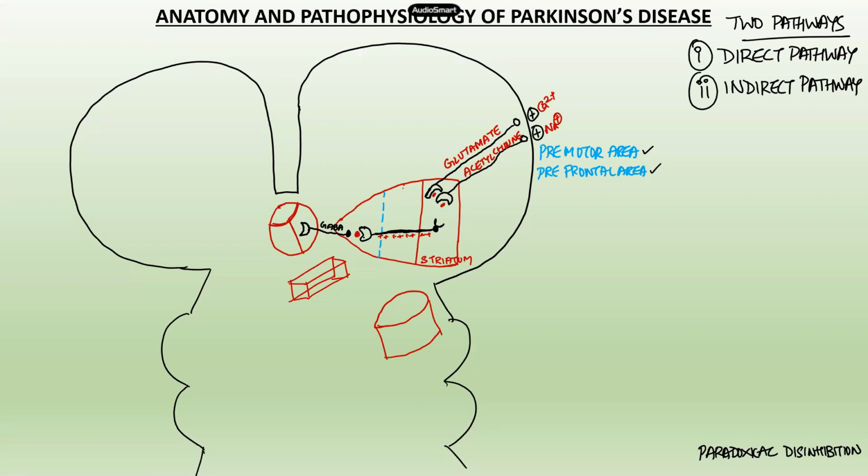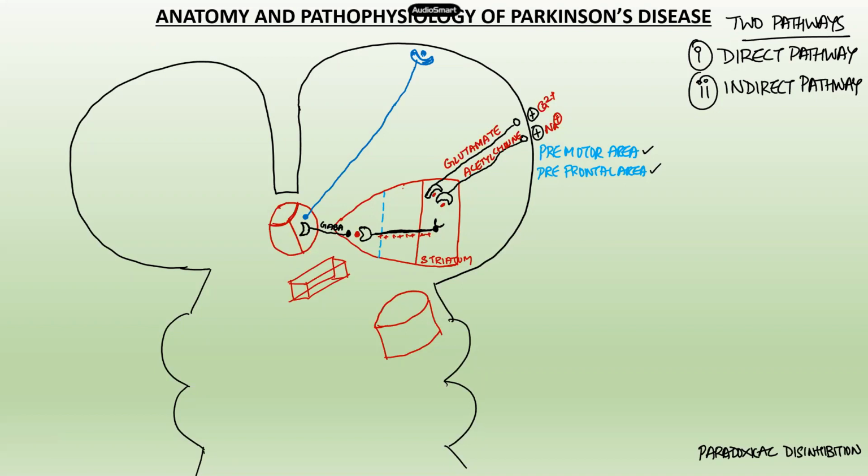From here, the GABA goes and binds to this GABAergic neuron. And when you inhibit an inhibitory neurotransmitter, what happens to the central nervous system? It gets activated. So basically we are going to give another neuron that goes from the thalamus, and this goes to your premotor area and your supplementary motor area. And it releases an excitatory neurotransmitter over here.